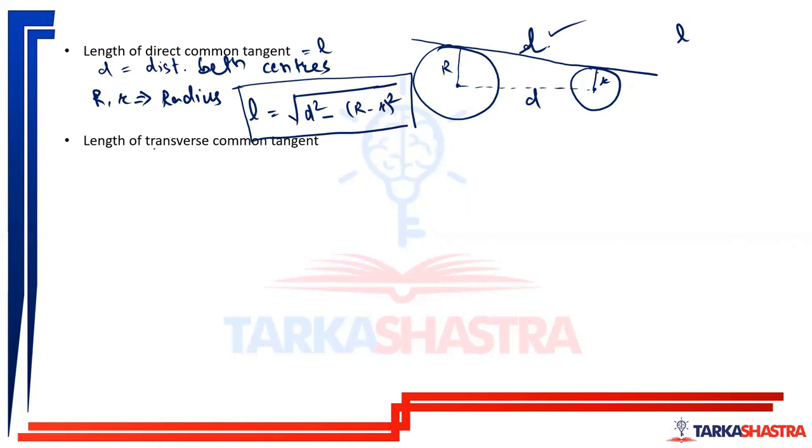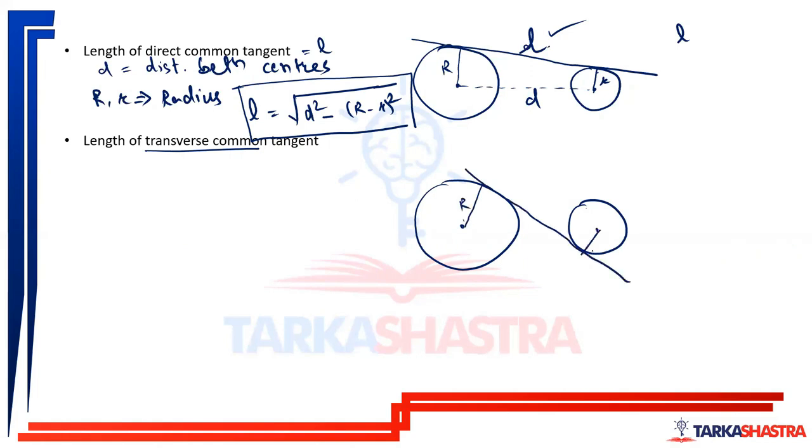Now, how is the transverse common tangent? There is a circle whose radius is capital R, and another circle whose radius is small r, and this is L, your transverse common tangent, and this is your D, which is again the distance between the centers.